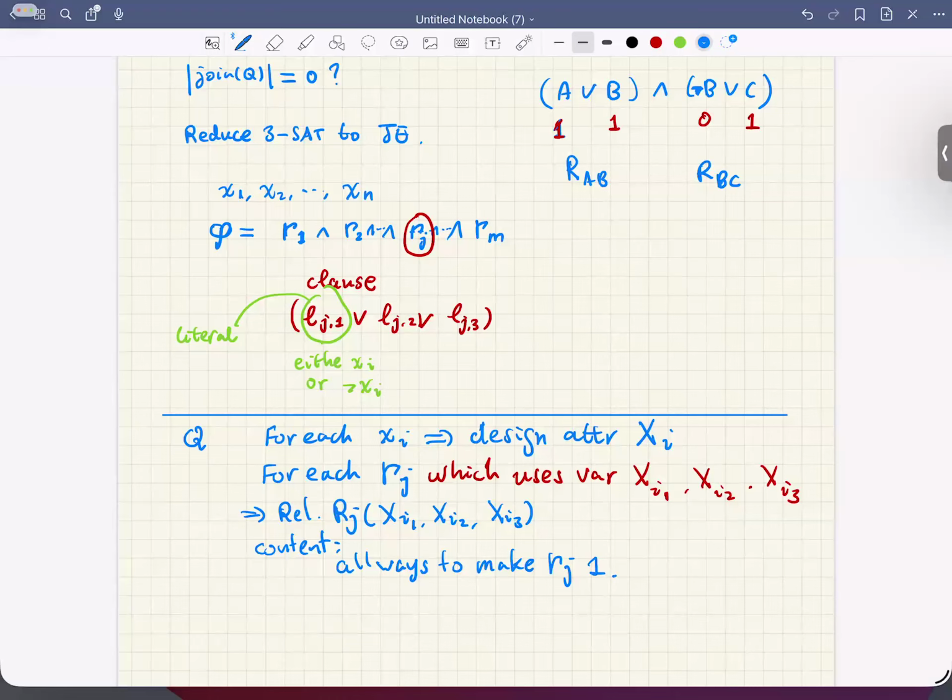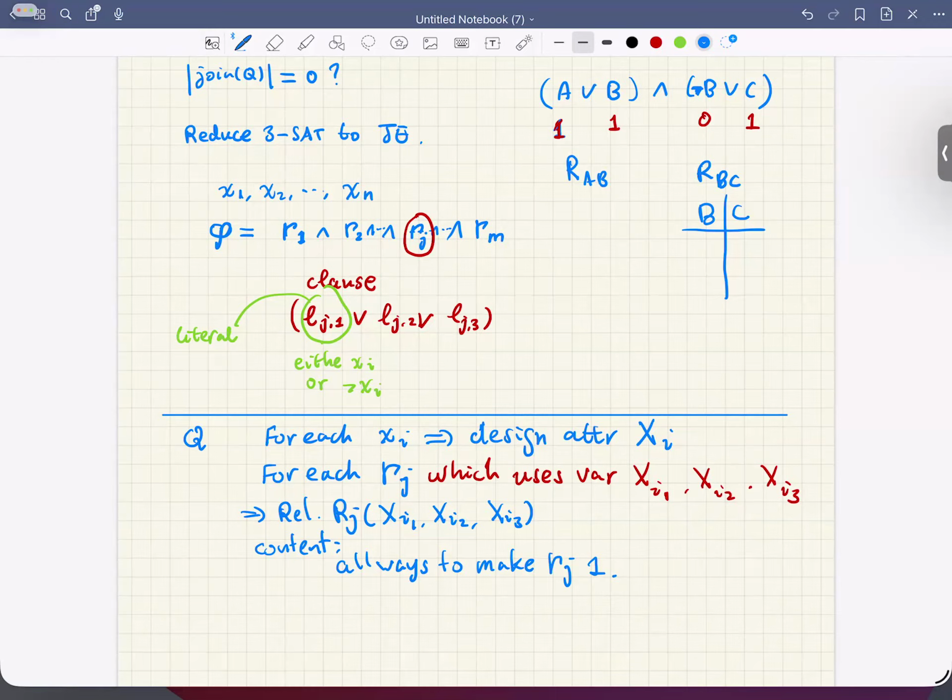So what does this mean? Well, let's look at my running example. Let's look at RBC. You know I will have a table with B and C. But what values am I going to put into this? According to the definition here, I'm going to include all the value assignments for B and C so that the second clause evaluates to 1.